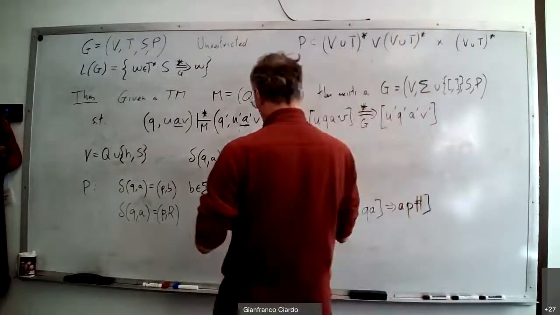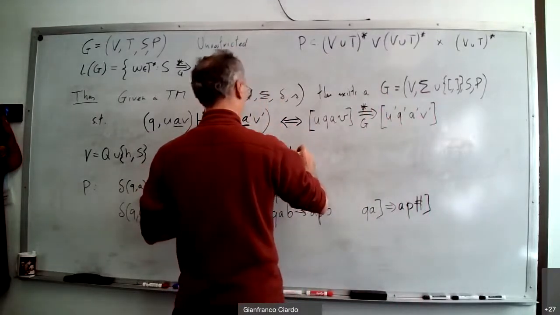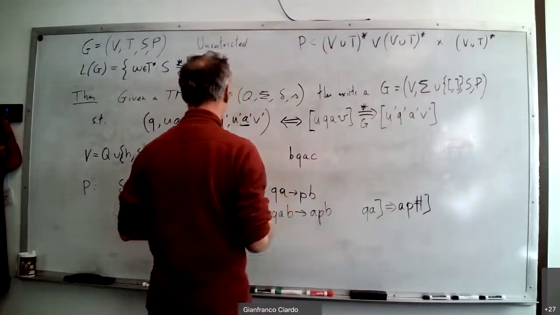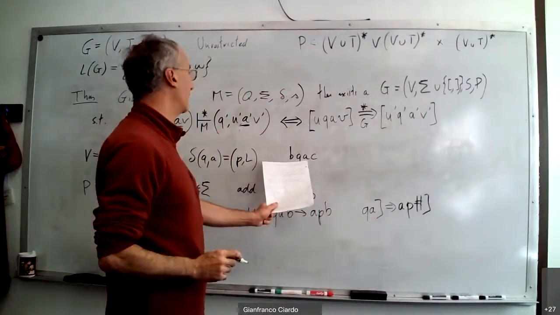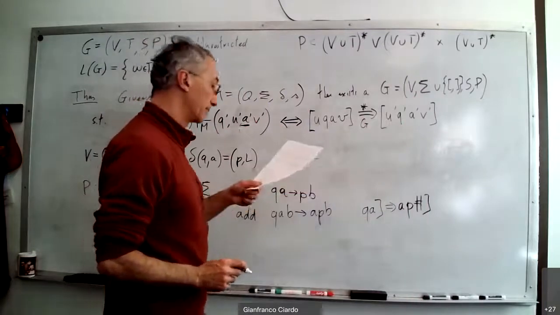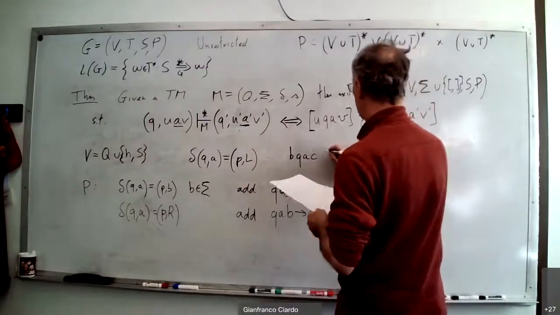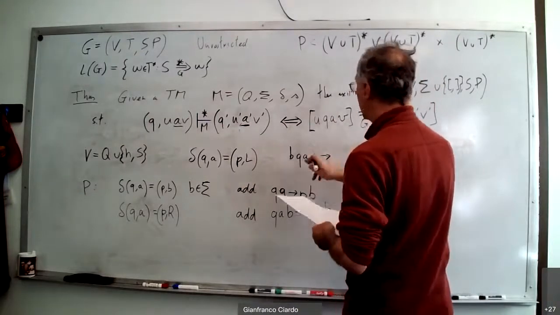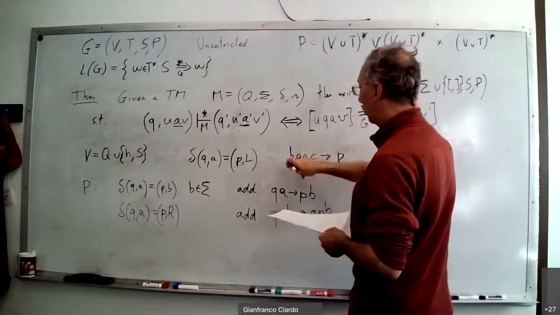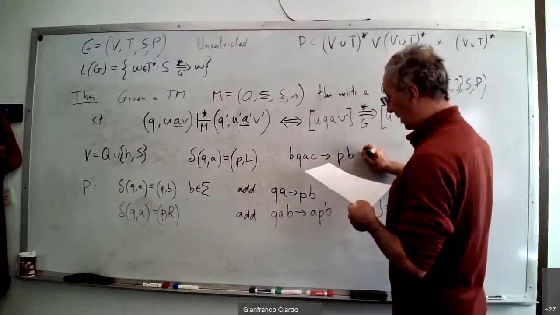So normally I would just say, if I have B, Q, A, C, right? So if I am in state Q with A, and I have a B to the left and a C to the right, then I simply go to state P. I will have B under the head, and then I will still have the AC.